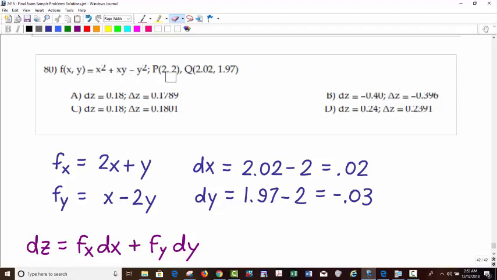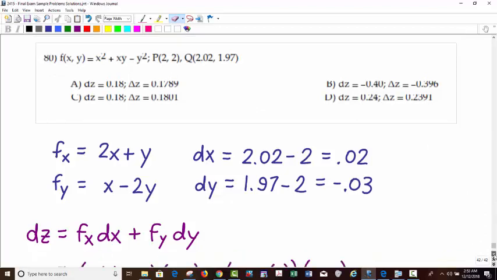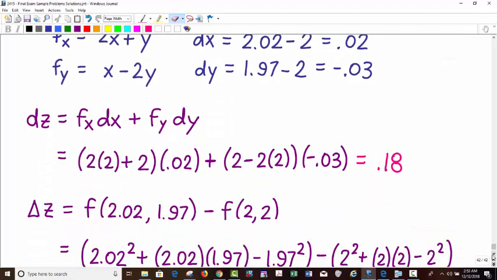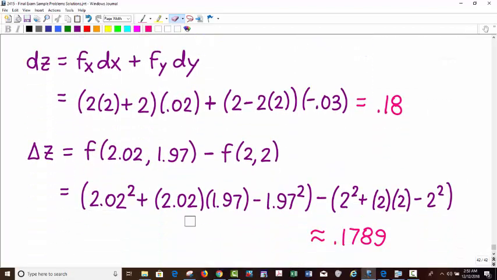Then you're putting in 2 and 2 into that same equation, and then you subtract. So I wrote all that out, 2.02 squared plus 2.02 times 1.97 minus 1.97 squared, and then 2 squared plus 2 times 2 minus 2 squared, and I got 0.1789 roughly. You can see that those are pretty close to each other.